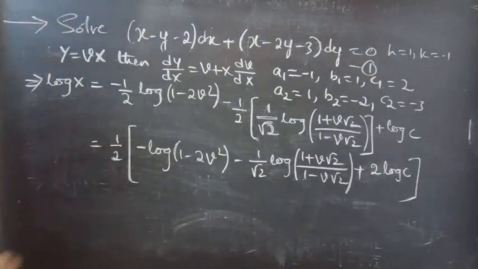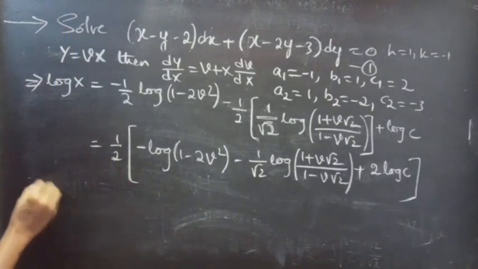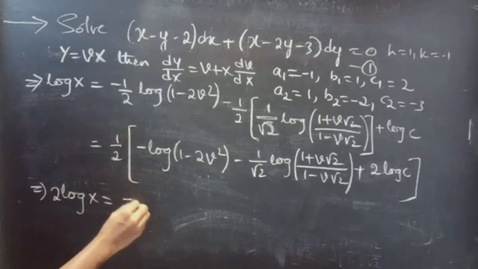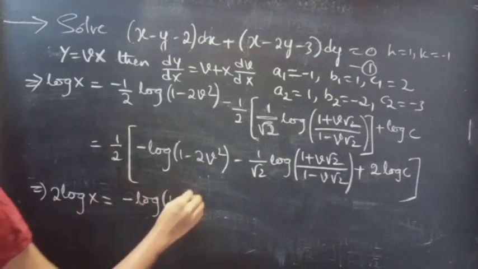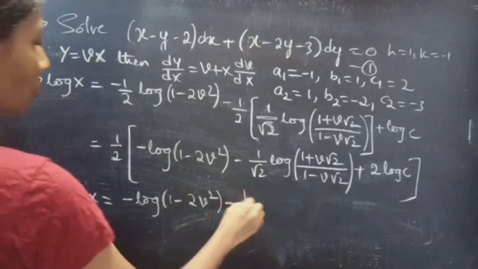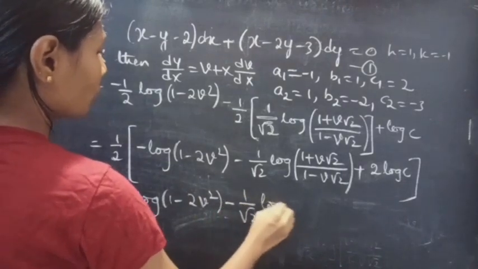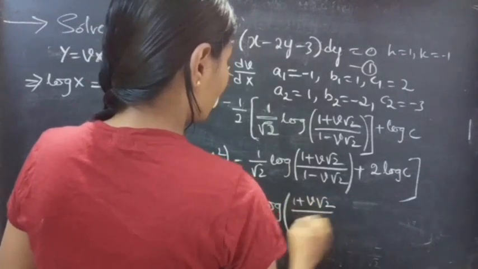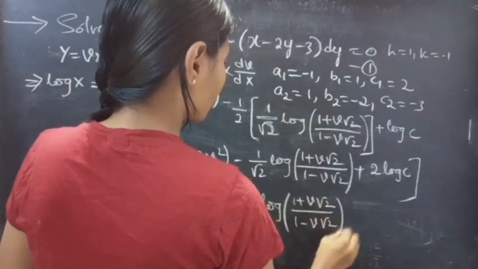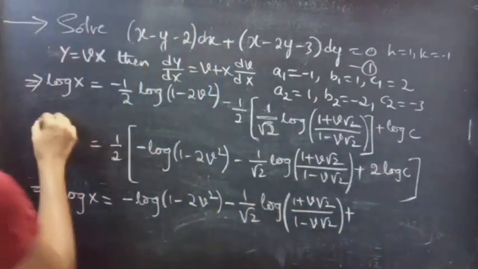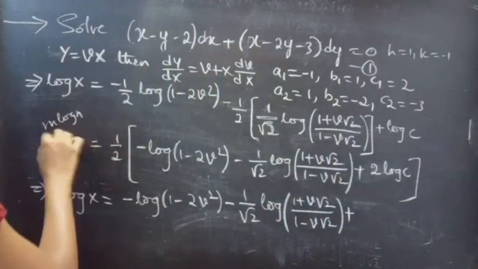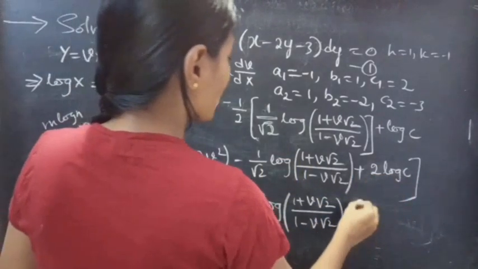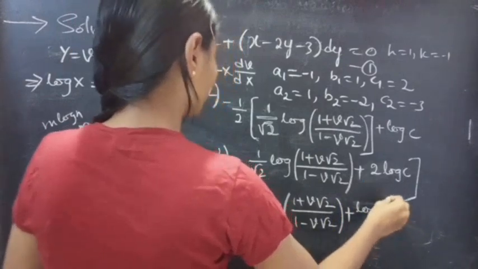Now in the next step, take this 2 to RHS, becomes 2 log x equals to minus log 1 minus 2v square minus 1 by square root of 2 log 1 plus v root 2 by 1 minus v root 2 plus, we know that m log n can be written as log n power m, then we can write 2 log c as log c square.